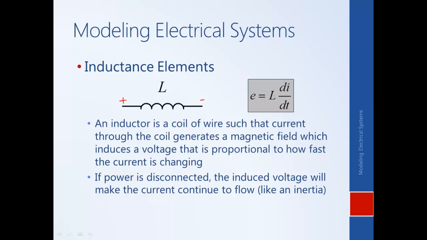In this sense, inductors can be thought of as inertias. Again, going back to our mechanical analogies, the fact that this magnetic field is inducing a voltage that opposes the change in current, it's like a mechanical inertia. Inertia can be thought of as a measure of a mechanical system's resistance to change. An object in motion tends to stay in motion.